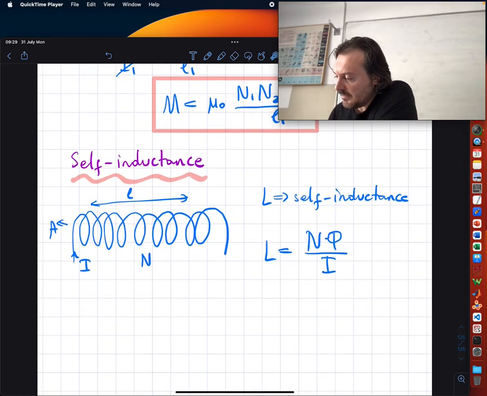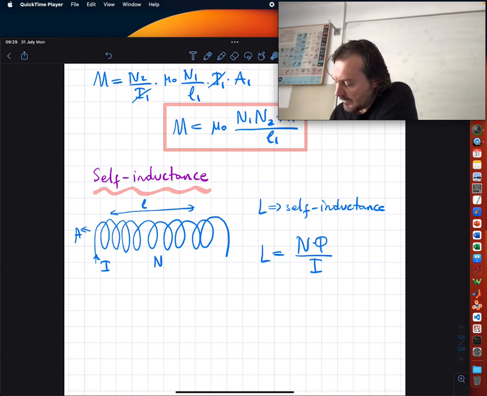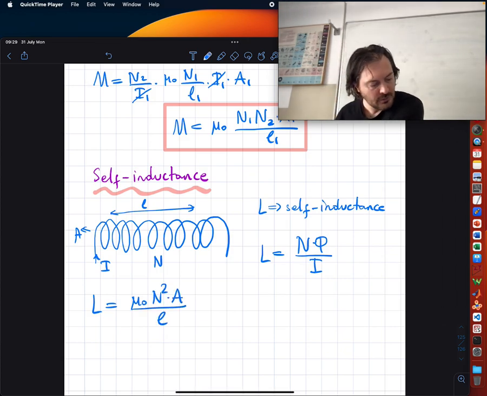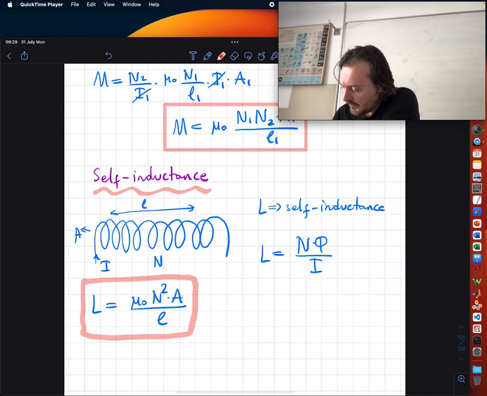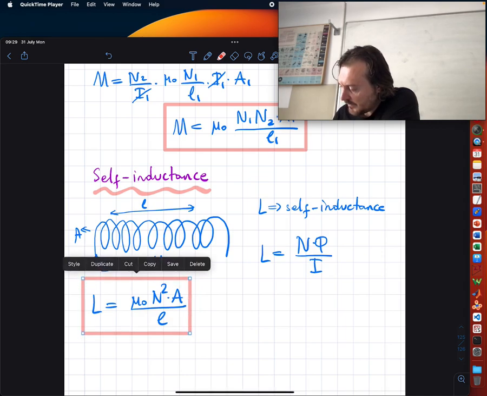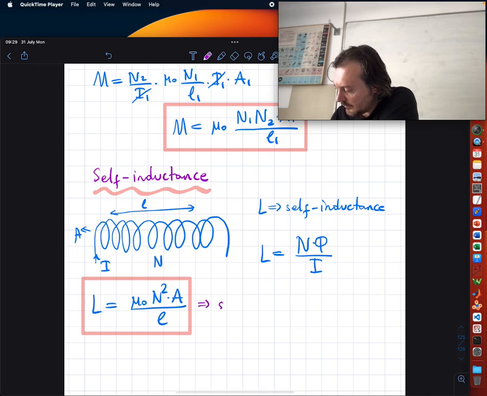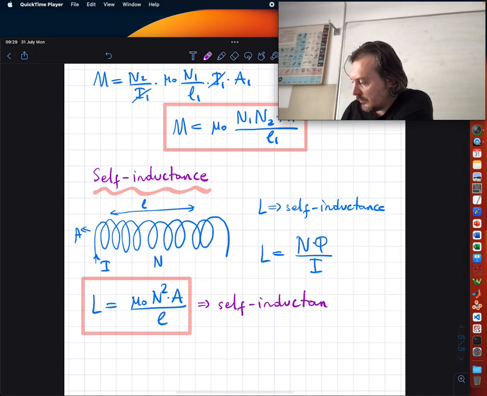So that's why you just drop the indices, and L turns out to be mu 0 N squared times A over L. That's what your self-inductance is for a solenoid. So this is the self-inductance of a solenoid. Let me write that down.